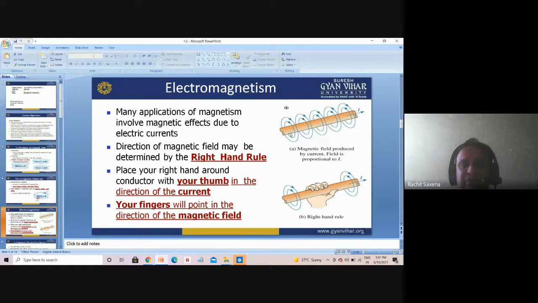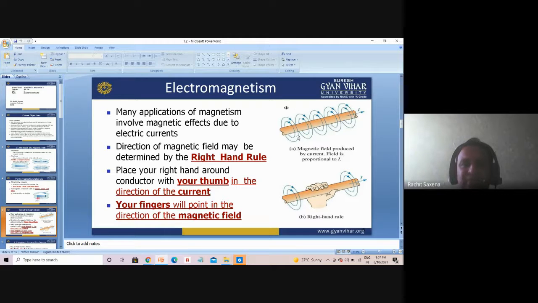EMF is electromotive force, the force which moves the charges from one direction to another. That EMF gives you the current, and that current introduces ampere turns. So ampere turn converts into MMF, and that MMF converts into the flux. That is the basic theory.